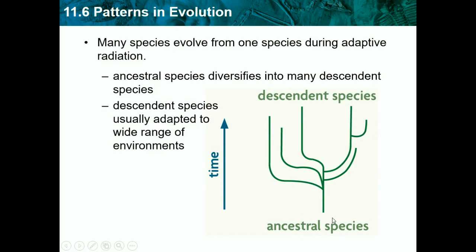So let's just say we have one ancestral species, and then eventually they'll split up into different species depending on where these animals live, and the five theories we went over earlier, they'll eventually split into many other species, and they'll all eventually become so different from each other that they can't mate together.